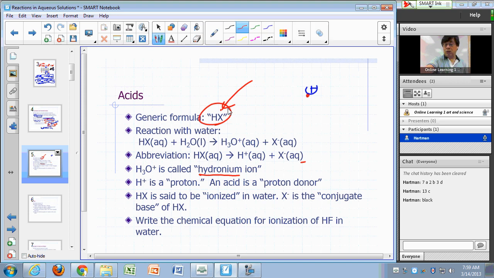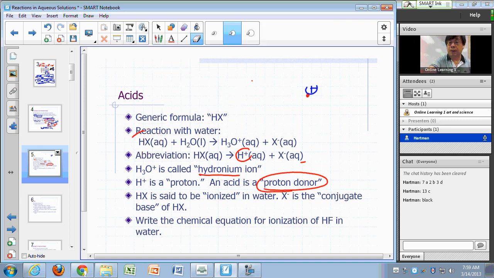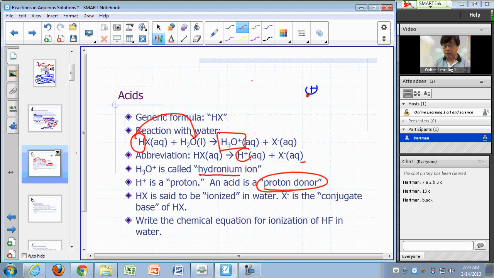So you can also say that an acid is a proton donor. Here, your HX, your acid, you can think of it as having donated an H+ to a water molecule. So this H+ from the HX got donated to the water molecule to give you hydronium ion.